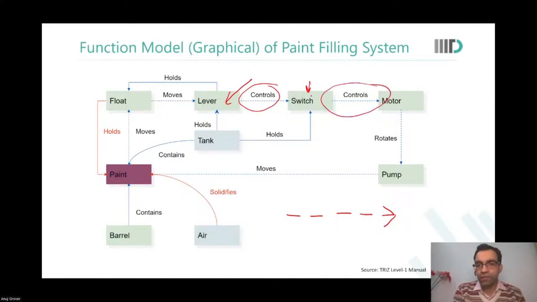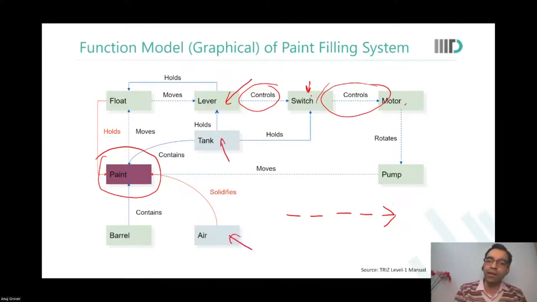For this particular function, switch is the function carrier, motor is the object of the function. We've actually colored the target in a different color itself. The super system components are shown in a different color and system components are shown in a different color.